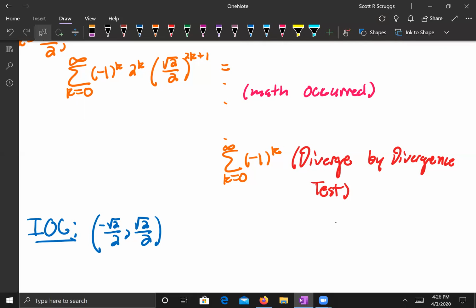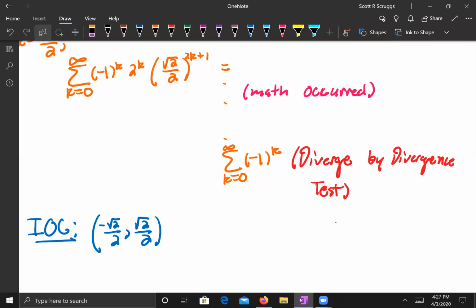I would do the correlation in the sense that when I plug in the endpoints of my interval of convergence, I ask myself, following the guidelines of picking a test, which test should I use here? In this case, I use divergence because I saw that the terms inside the series do not go to zero. That's why I chose that very quickly.